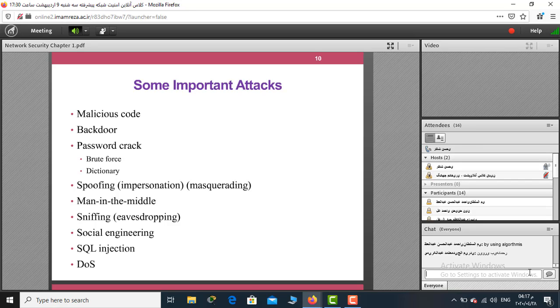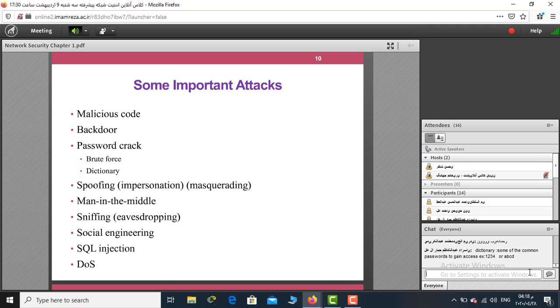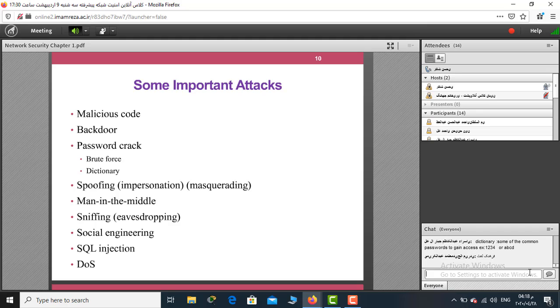Dictionary attack is somehow different from brute force attack in that dictionary attack only checks the more likely passwords, not all possible passwords, only the more likely.